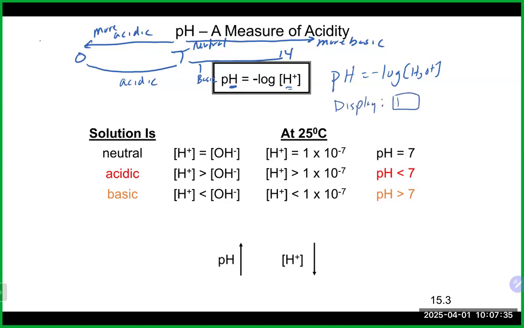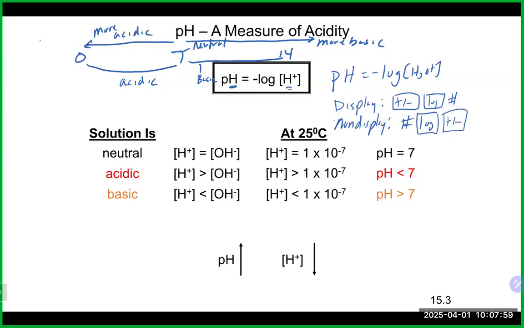You would hit your negative button, you would hit your log button, and then you would put your number in using your exponent button in most cases. If you have a non-display calculator, you actually need to go backwards in this formula, and every other formula we'll see in this chapter. You got to actually start with the number. You then got to hit the log button, and then you got to hit the negative button.